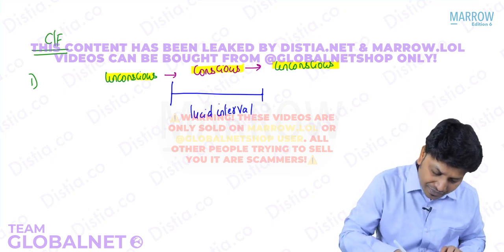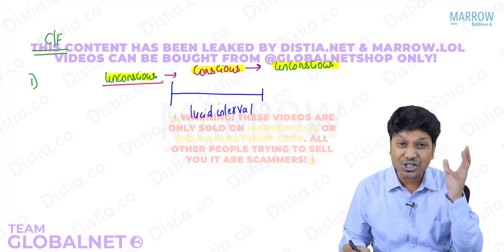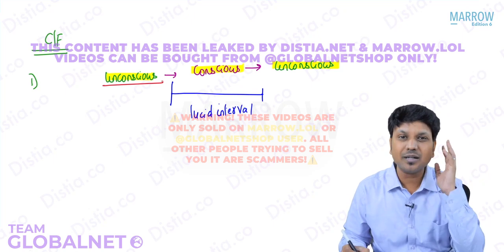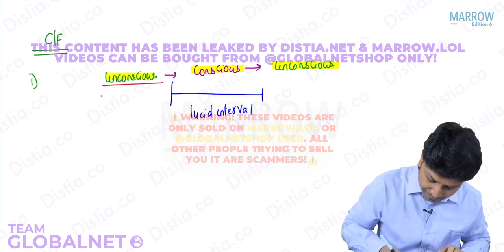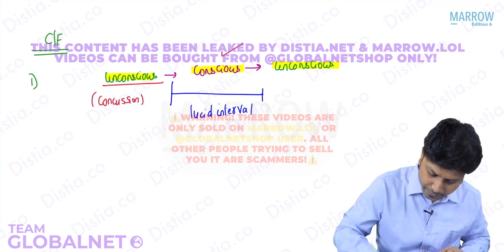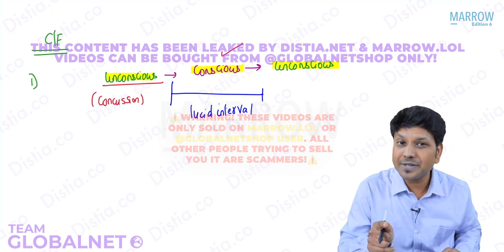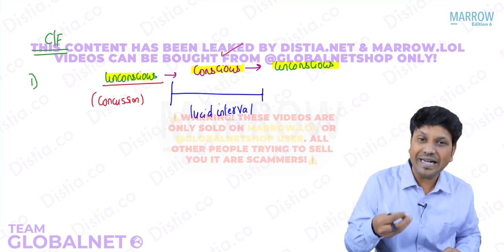Why do you get these periods of consciousness and unconsciousness? Do remember, as soon as there was an impact, the person became unconscious due to concussion. There is cerebral stunning and the person became unconscious. And you know very well, concussion is temporary. The person regains consciousness in some time. But what happens here? Inside the cranium, the bleeding has started.